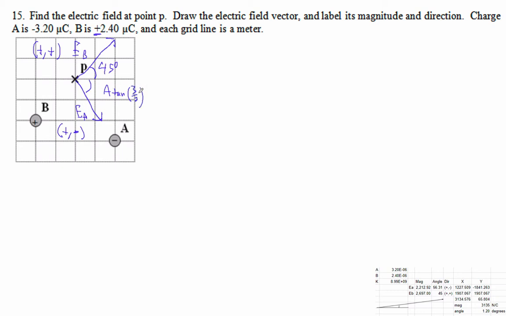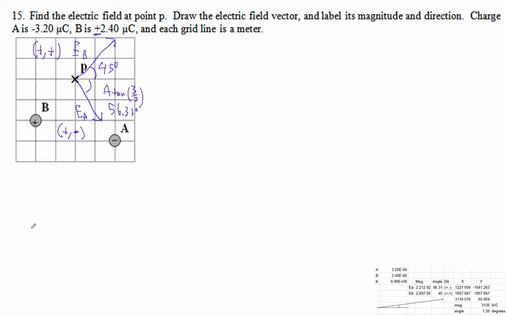And atan of 3 halves in degrees, 3 divided by 2, is 56.31 degrees. Okay, below the x-axis and to the right. Okay, this will become important.